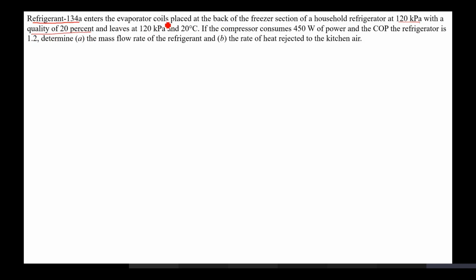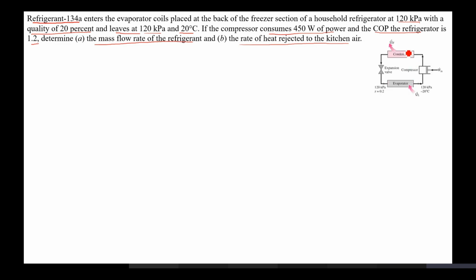The refrigerant is essentially entering into the evaporator, and it leaves at the same pressure, which is 120 kilopascal and 20 degrees centigrade. It further says if the compressor consumes 450 watt of power and the COP of the refrigerator is 1.2, you have to determine the mass flow rate of the refrigerant and the rate of heat rejected to the kitchen air. So I'll just give you a quick schematic of the refrigerator.